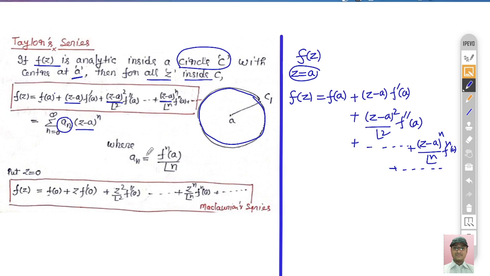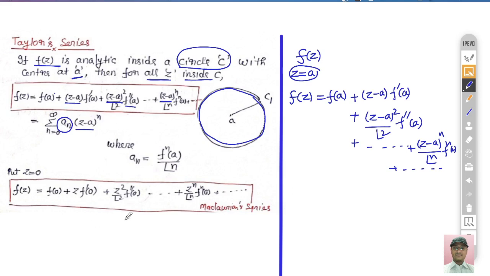If you put 1, in that case it is the first derivative, that is f dash a, upon factorial 1, which is basically 1. If you put n is equal to 2, it is the second derivative upon factorial 2. So you can write this infinite series as a summation, n from 0 to infinity, a_n (z minus a)^n. This is called the power series.